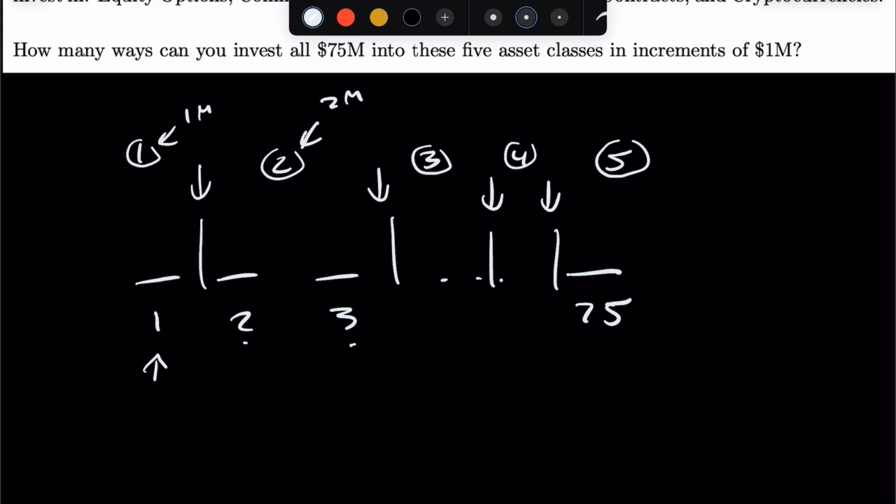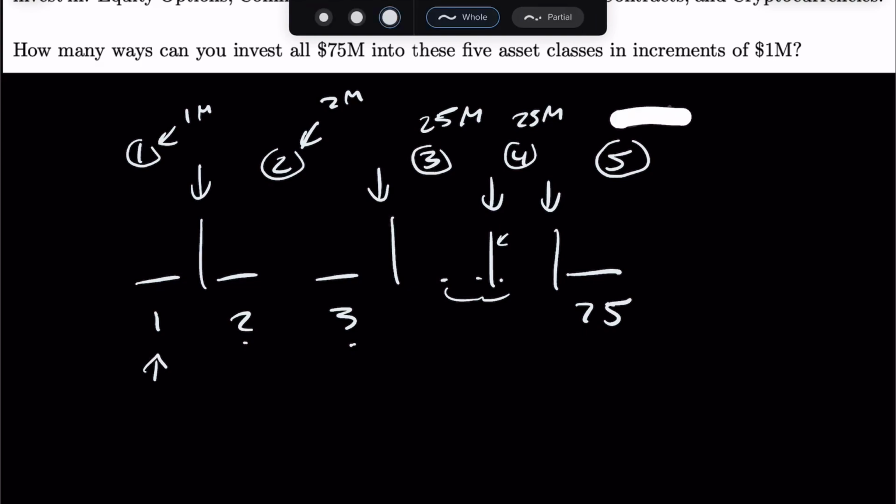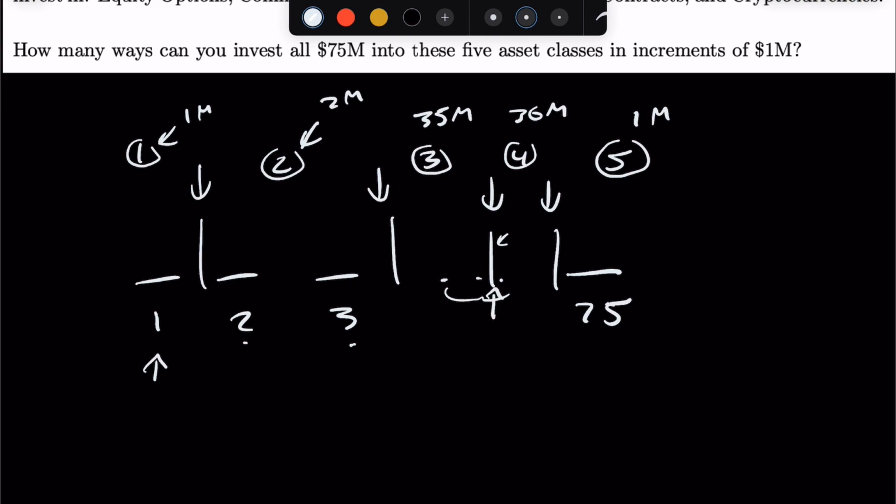I abbreviated here with these 3 dots, so we don't actually know where this divider lays, but we could say that this is 25, this is 25, and that would leave 22. For this last asset class, we have a divider right before the 75th million, so there's exactly 1 there. We would have to rearrange, so 71 million for 2 asset classes. We'll say 35 and 36 million. Again, we don't know where this divider was drawn, because we use these dots as annotation.